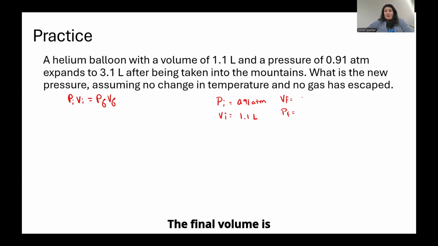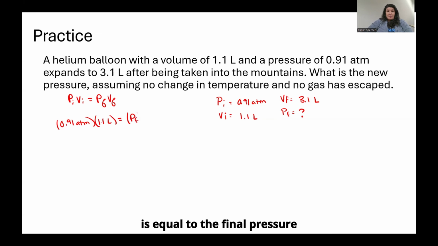The final volume is 3.1 liters, and we want to know the new pressure. So I'm just going to plug that into my equation. So 0.91 atmospheres times 1.1 liters is equal to the final pressure times 3.1 liters.